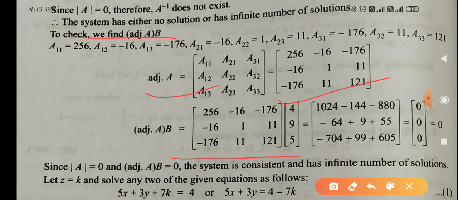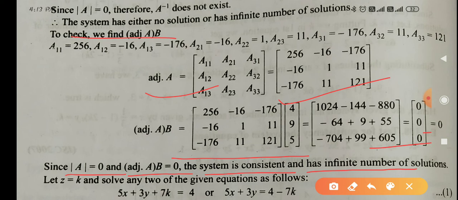Now multiplying this adjoint A by B, you get 0, 0, 0. So adjoint A into B is equal to 0. Now determinant A is equal to 0 and adjoint A into B is equal to 0. So the system is consistent and has infinitely many solutions.